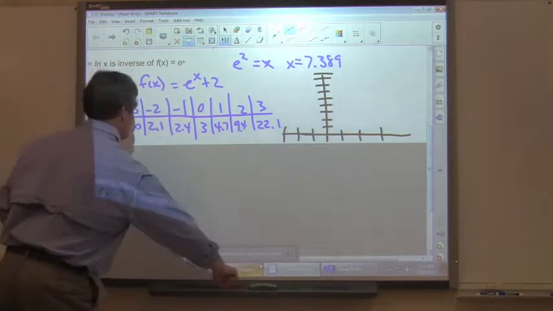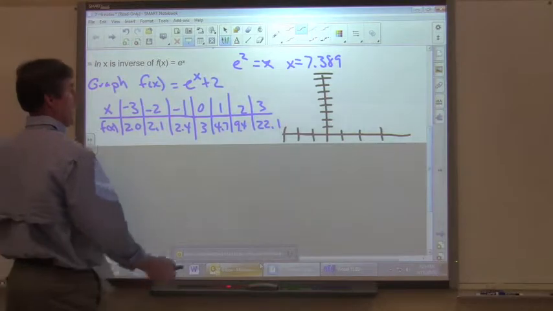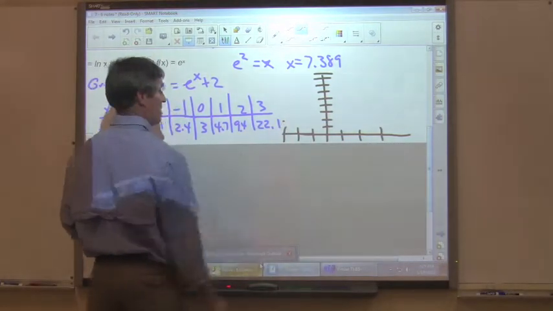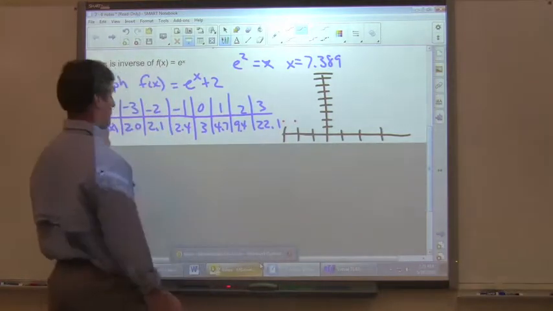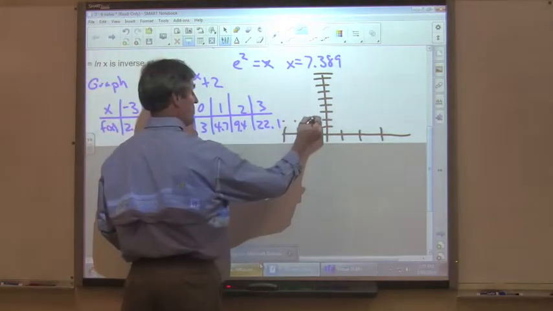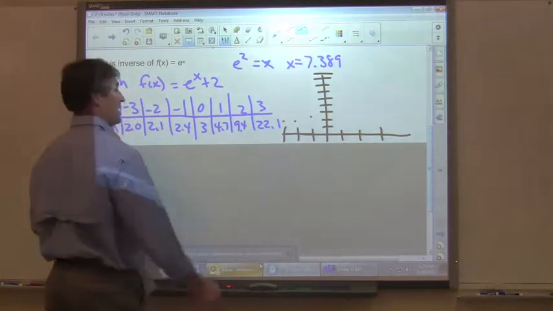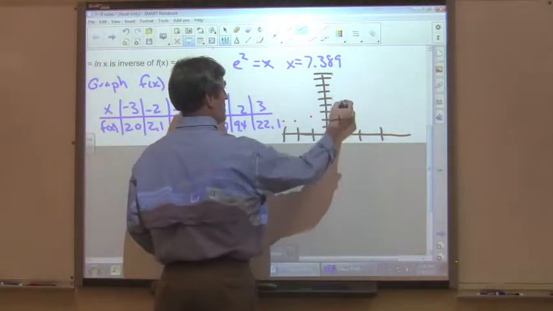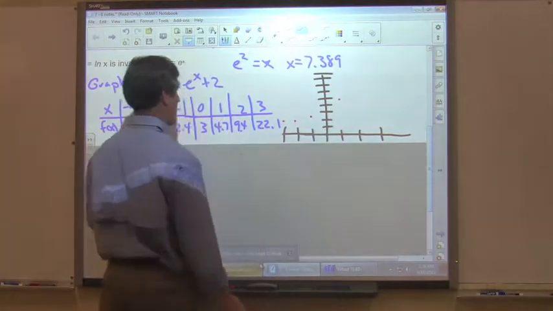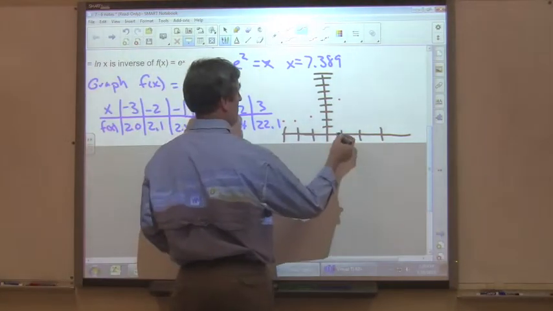All right. So at -3, we're at 2, and then we're at 2.1, so just barely up, and then at 2.4, and then at 0, we're at 3, and at 1, we're at 4.7, and at 2, we're at 9.4.